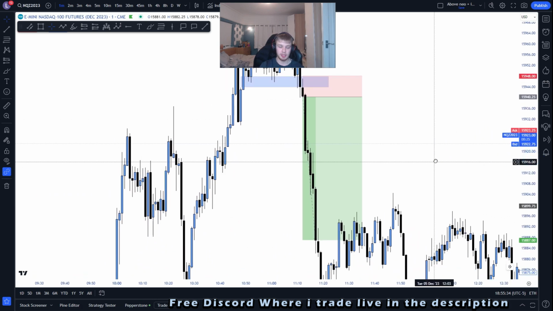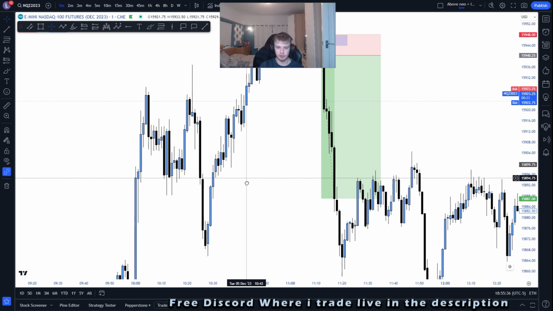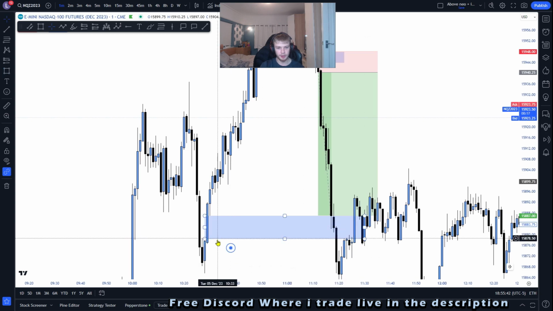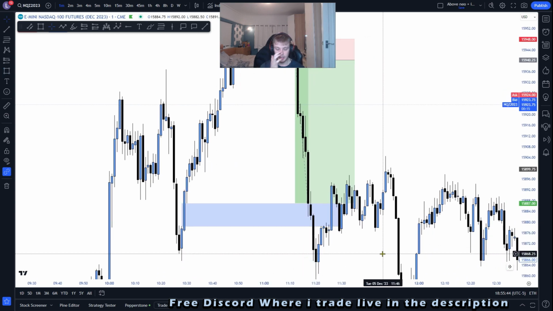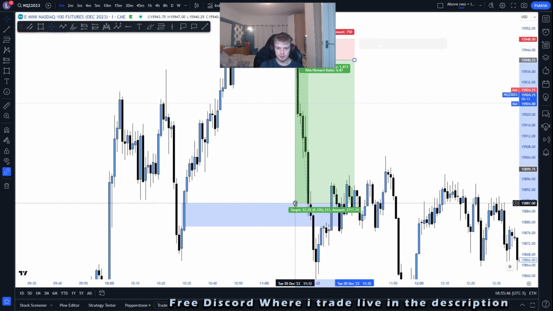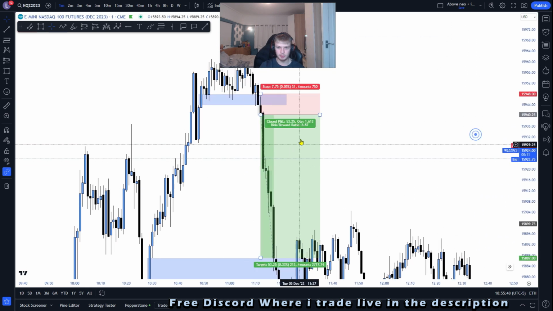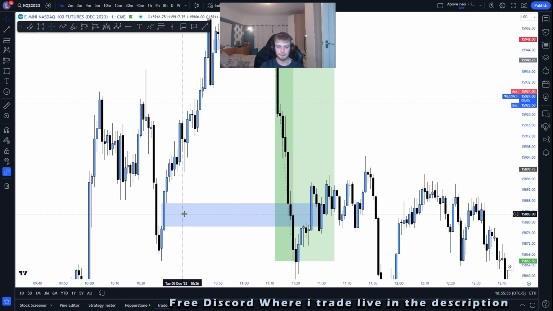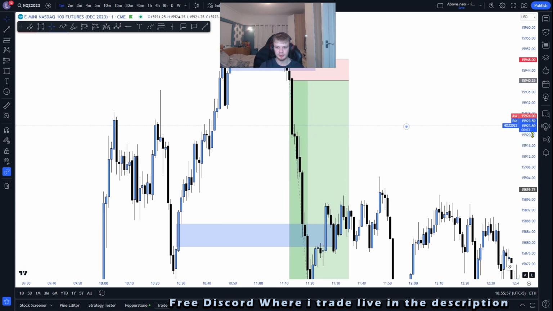I didn't want to get greedy, and if price was going to reverse, price would reverse from this point here, because it's a final bullish fair value gap. But if this wasn't such a big move already, I would have definitely held for full sell side liquidity. But I just took most of my profits there, because of the reason I have said.